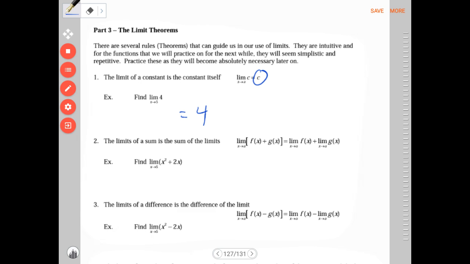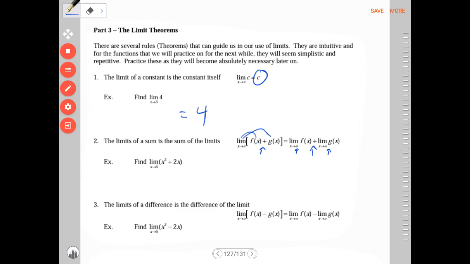Number 2, the limit of a sum is the sum of the limits. If I have a limit of two things that are added, you can think of this as just the limit going to both pieces. So I just have the limit of the first function plus the limit of the second function.